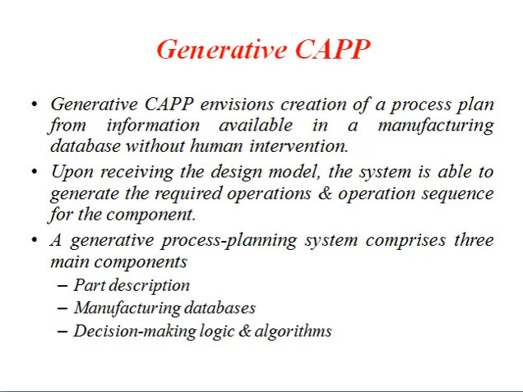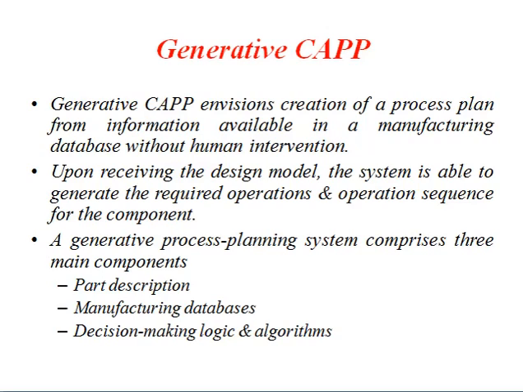Now we will talk about the second approach, the generative type of computer aided process planning system. Generative type computer aided process planning involves the creation of a process plan from information available in a manufacturing database without human intervention. Here we make a plan by taking the available data used for the manufacturing process, without human intervention.